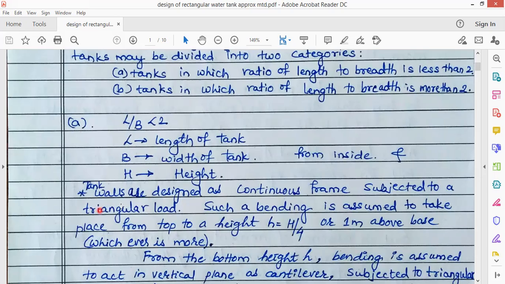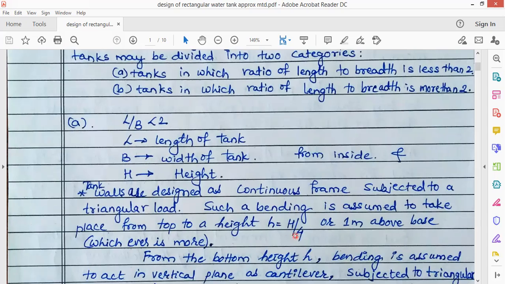Here tank walls are designed as continuous frames, that is rigid, subjected to triangular load. Water pressure will be acting on the walls, which is considered a triangular load, and bending is assumed to take place from the top to a height of h, that is H by 4 or 1 meter above the base slab.